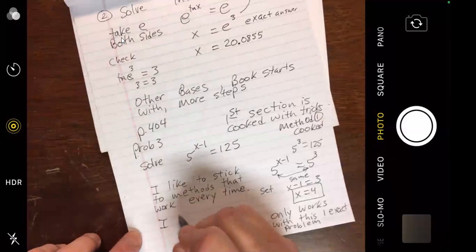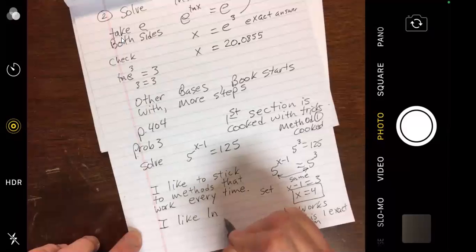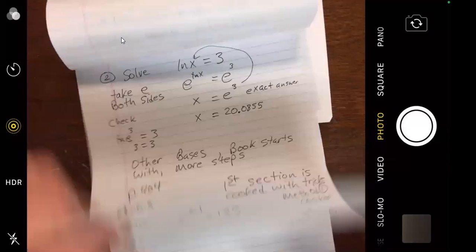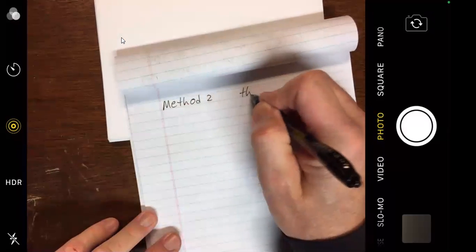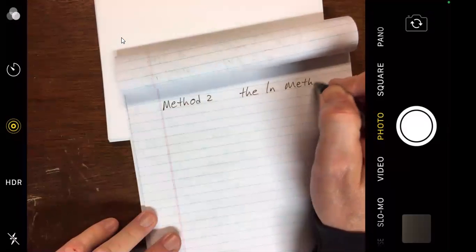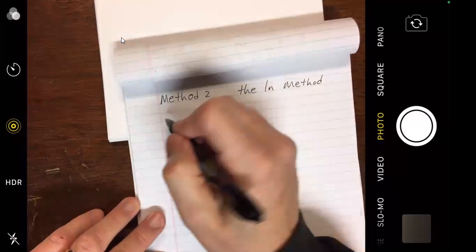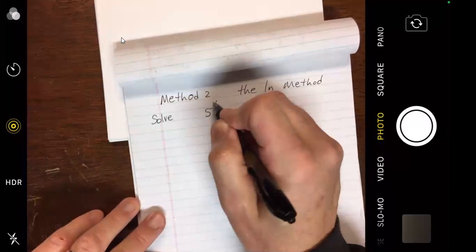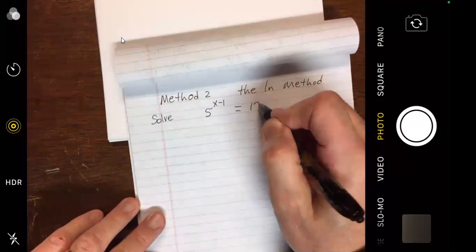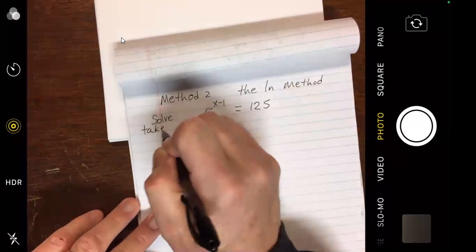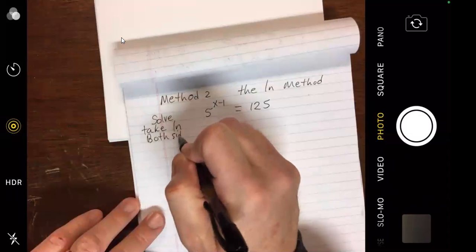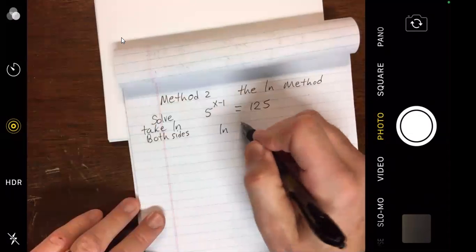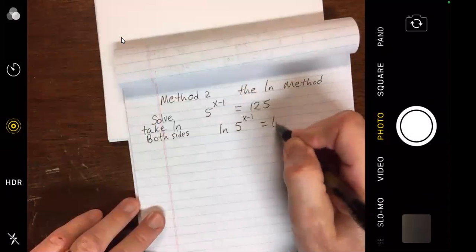So I like ln. We'll call this method 2, the ln method. So I'm going to solve 5 to the x minus 1 equals 125, and I'm going to take ln of both sides. ln of 5 to the x minus 1 is then equal to ln 125.